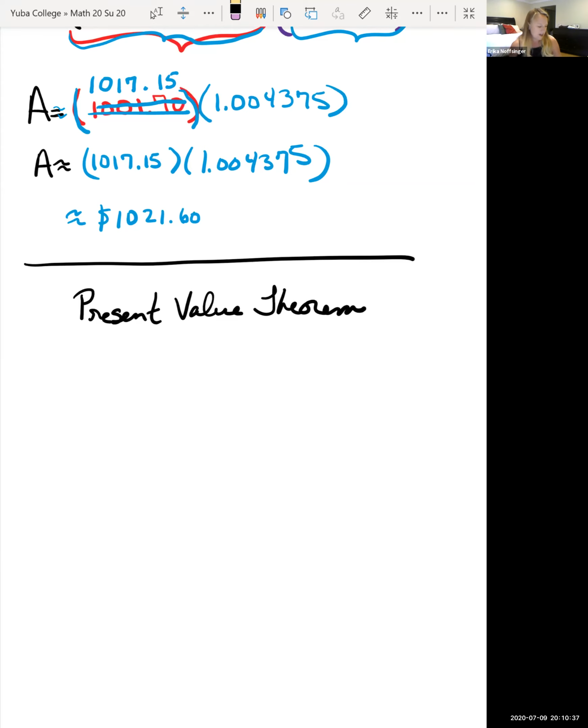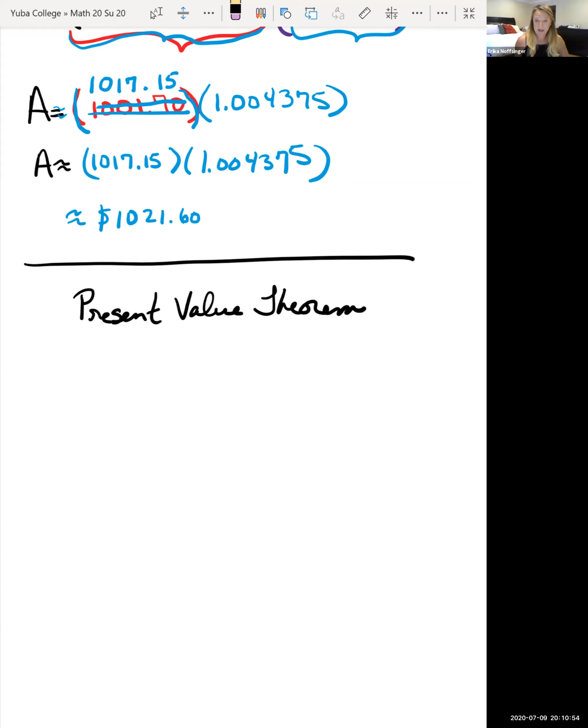The present value P of a dollar to be received after T years, assuming a per annum interest rate compounded n times a year, is the following.